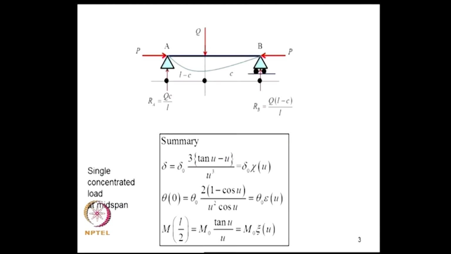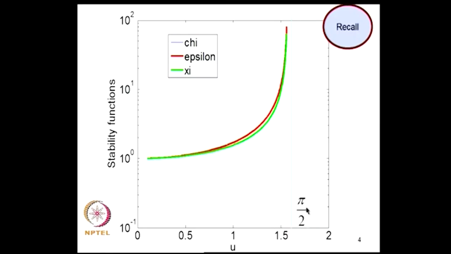So, the presence of an axial load can have dramatic effects in the neighborhood of these critical values. In this region, when the load is relatively small, you can see that the value is very close to 1, and we could afford to ignore the effect of axial loads on transverse response, but if you are somewhere in this region, the response becomes significantly amplified.